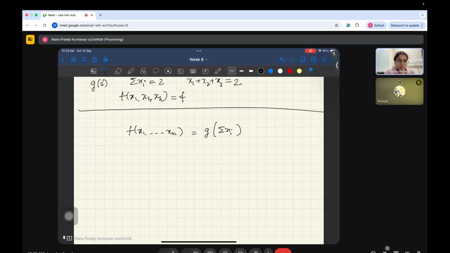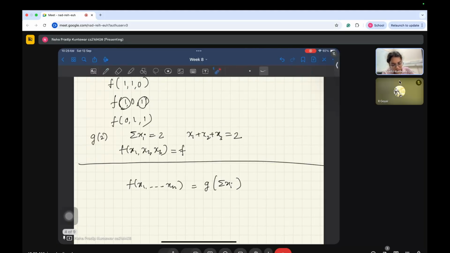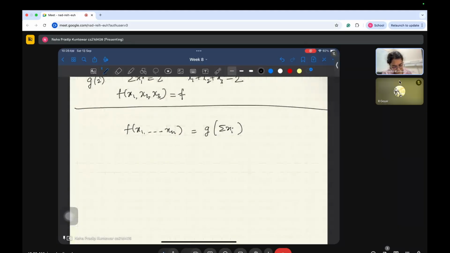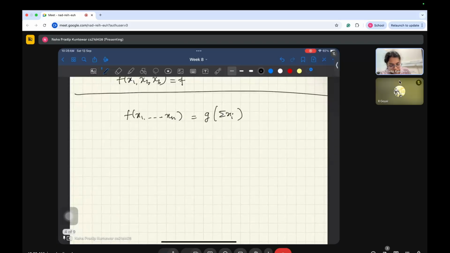I think you're trying along the correct line, so I'll just give some direction. To show this, we can think of an induction on the sum of xi. This can take values between 0 and n.